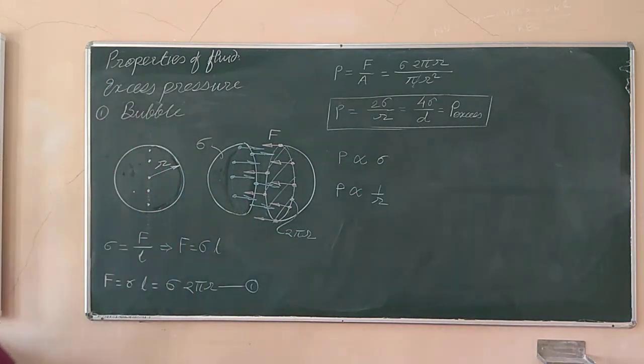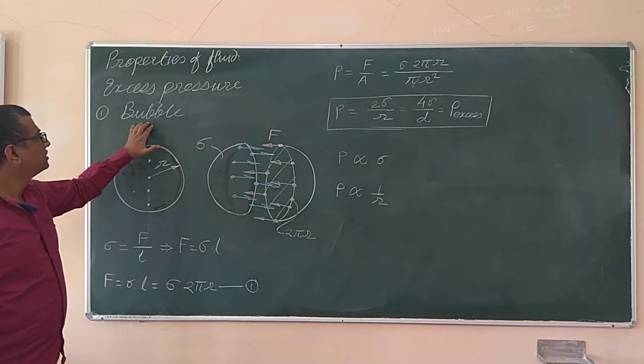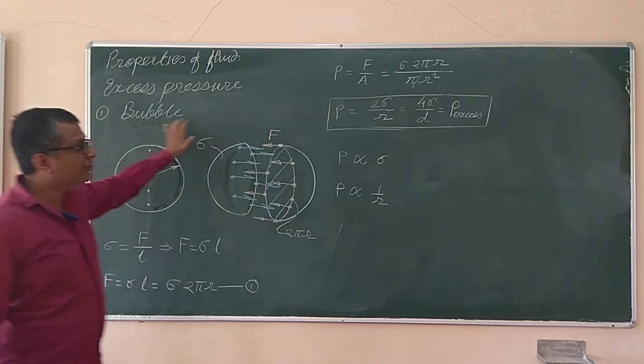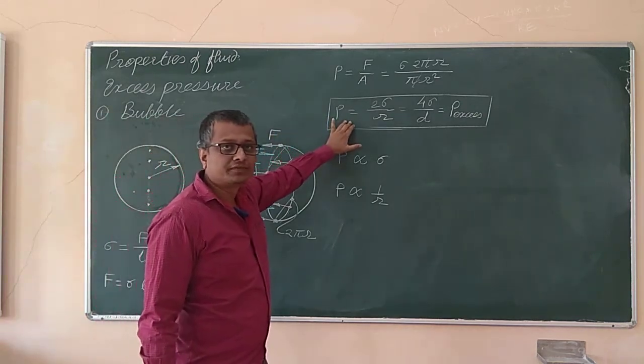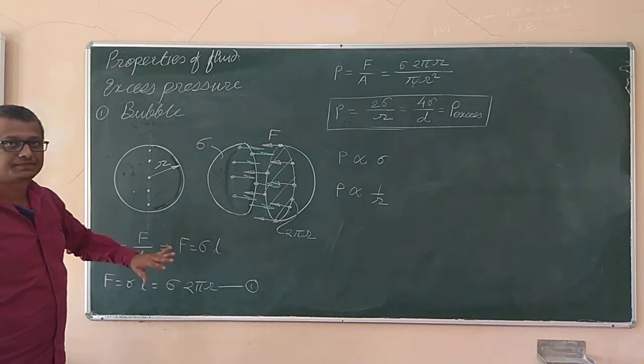Now surprisingly, the excess pressure inside the air bubble or the gas bubble is the same as that of the excess pressure inside the liquid droplet. Perhaps the entire derivation you can copy as it is, no change in it.